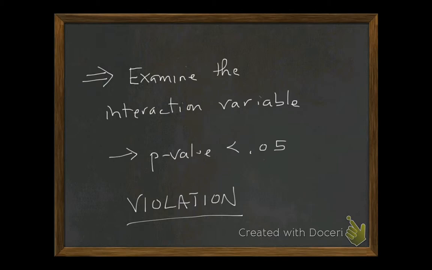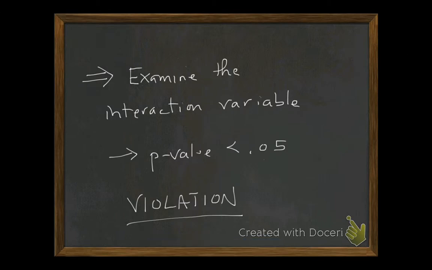That's not what we do in ANCOVA. In ANCOVA, we have a factor plus a continuous variable that we call our covariate. But nevertheless, if the interaction variable is statistically significant, then we have reason to believe that we have violated the homogeneity of regression slopes.